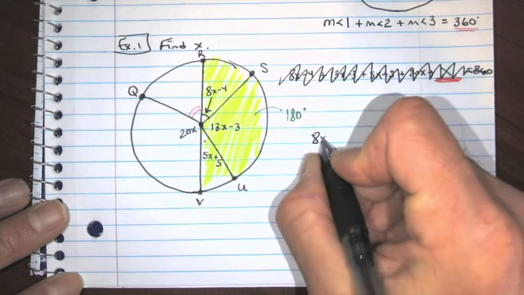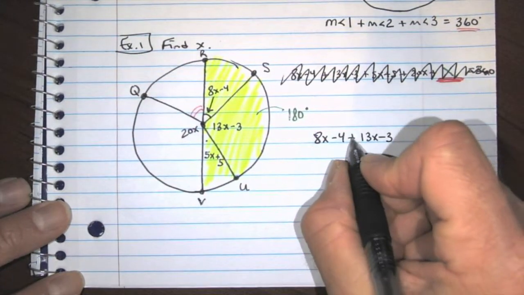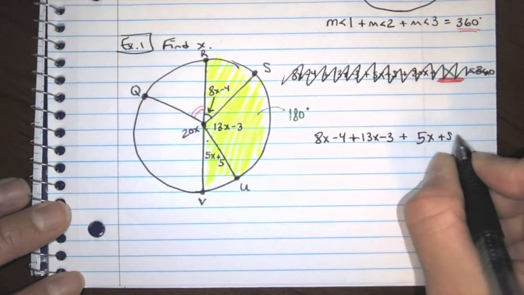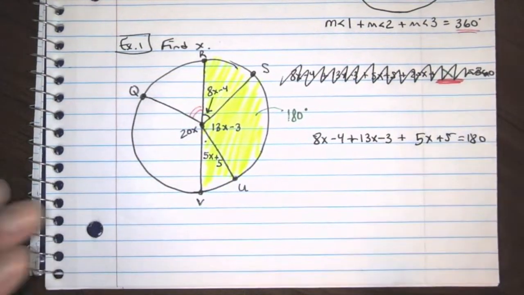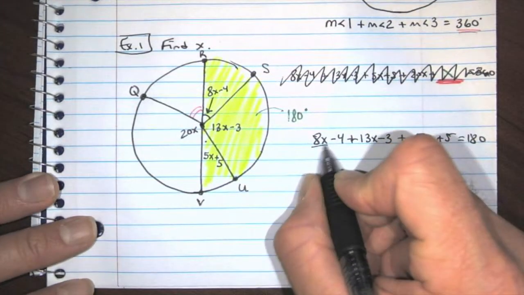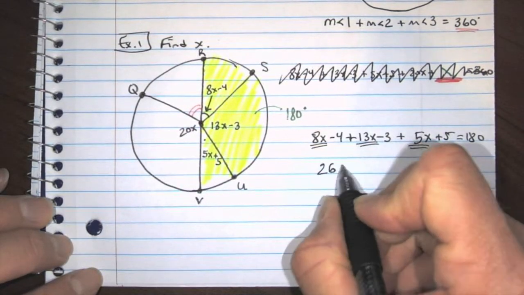There's your equation. So go ahead and set this up with me. Add those three angles together, plus 5x plus 5, equals 180. And go ahead and solve for x. And that's it. The problem's done. Okay, with the x's, go ahead and combine like terms. What is that? 26x.